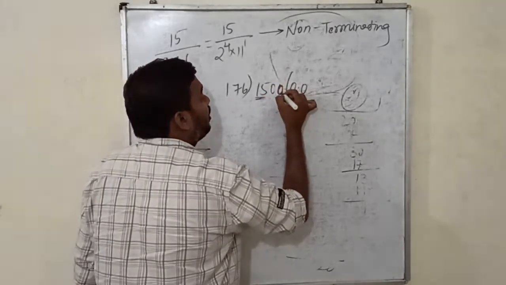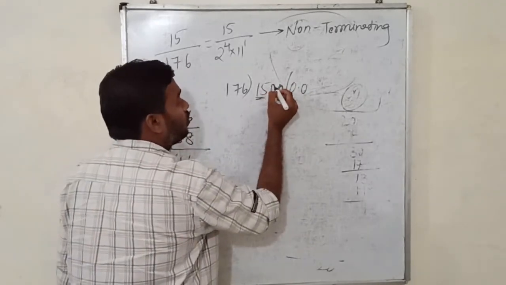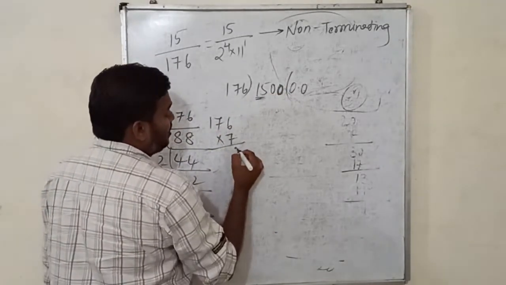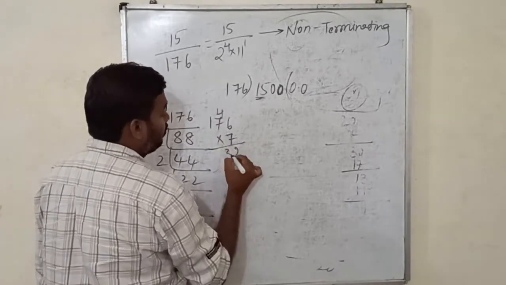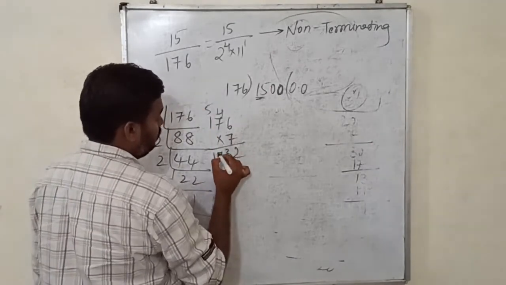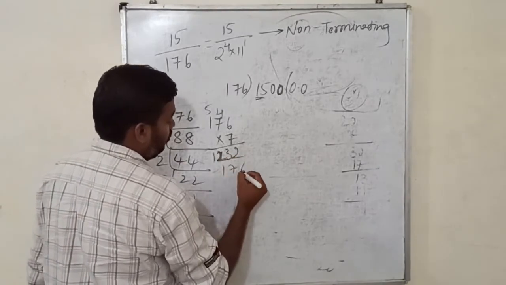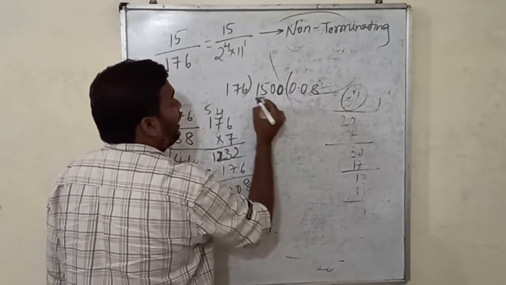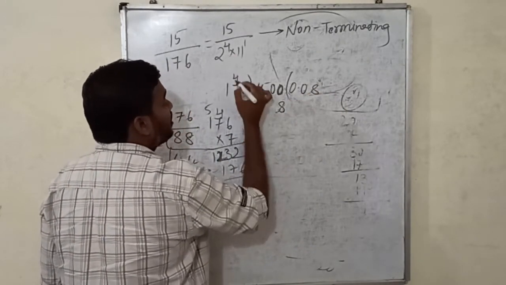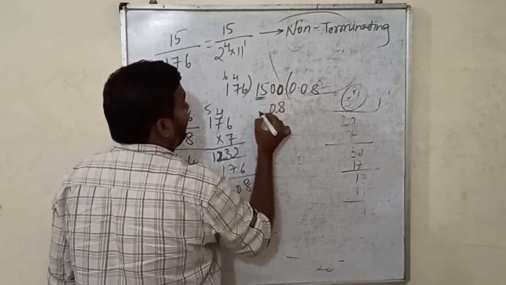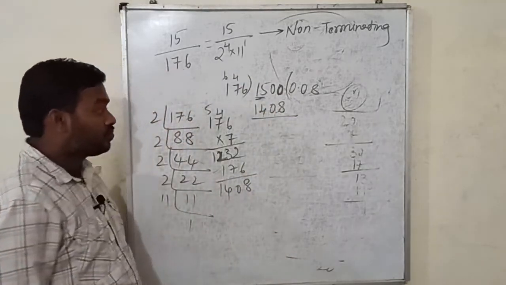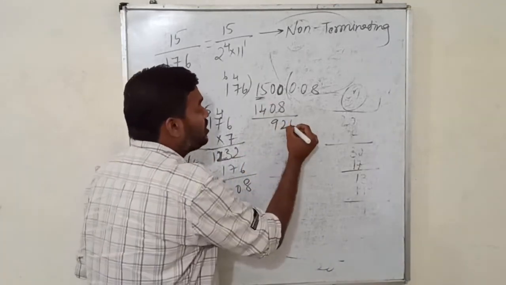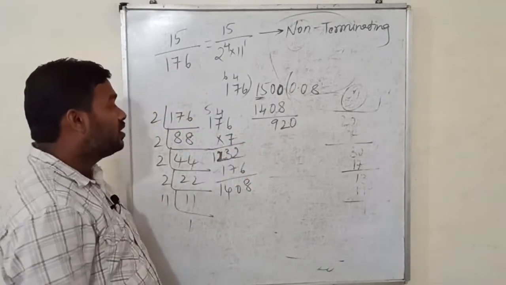Now we can divide this. 176 8s. 8 6 are 48, 8 7 are 56, 8 1 are 8, 14. That will be 92. Put a 0 because we have taken decimal here.